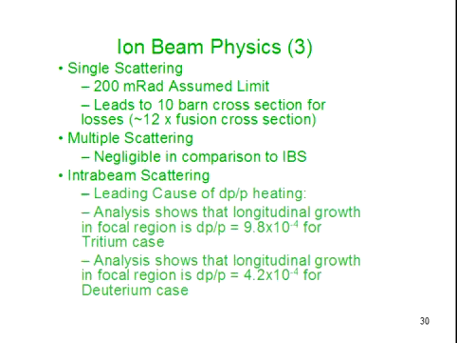The intrabeam scattering is the leading cause of momentum heating in the beams. The analysis has shown that the longitudinal growth in the focal region is about delta P over P of 9.8 times 10 to the minus 4th for the tritium case and 4.2 times 10 to the minus 4 for the deuterium case.